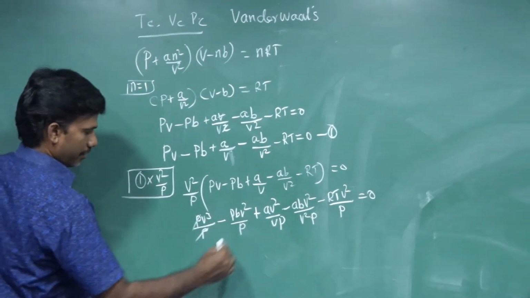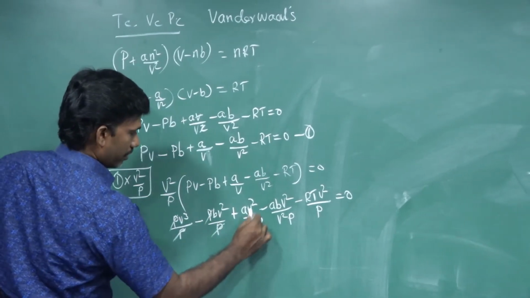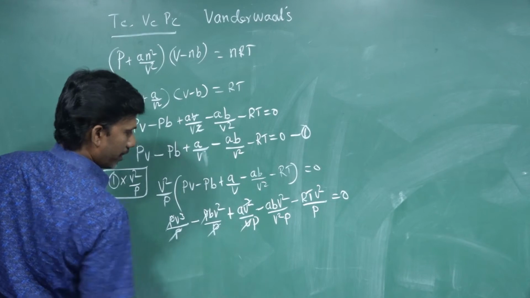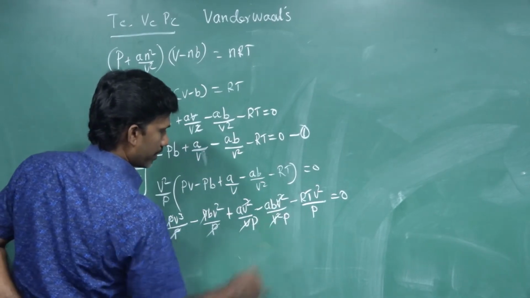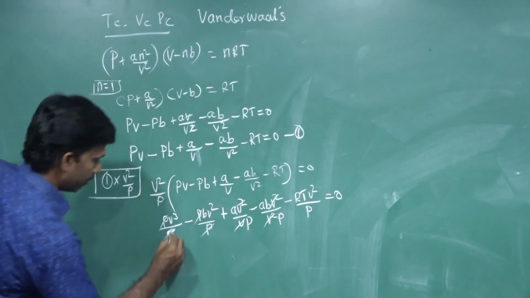P cancels here, P also cancels here, and V² cancels. That's all.